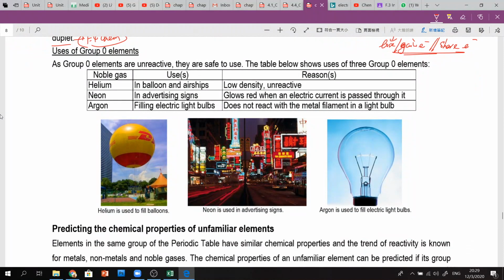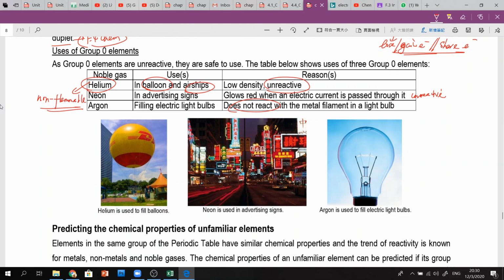Now, the uses of group 0 elements are related to their unreactive character. First of all, helium is used to replace hydrogen in balloons and airships, right? Because hydrogen is flammable, but helium is non-flammable when you compare with hydrogen.